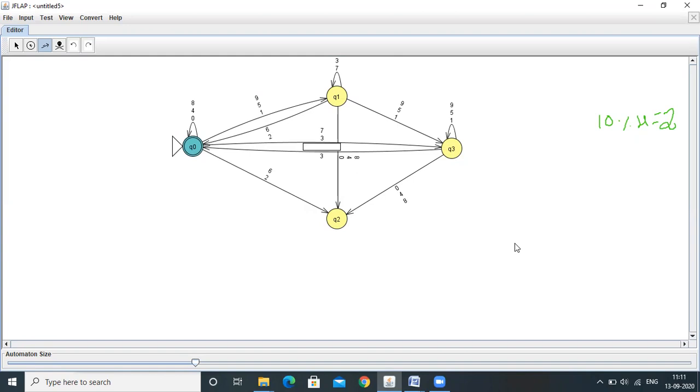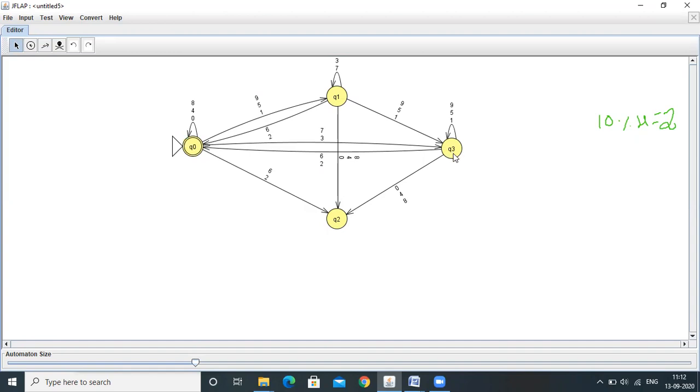Wait, on 2 this is not 3, this is 6. Okay, so Q3 on 6 and 2 we define.